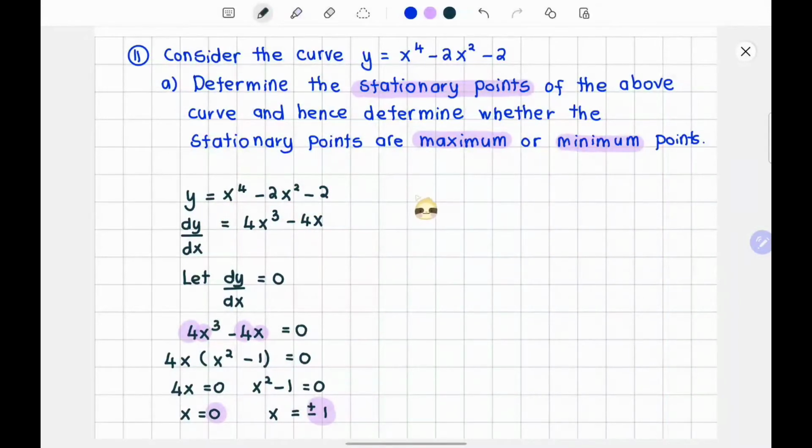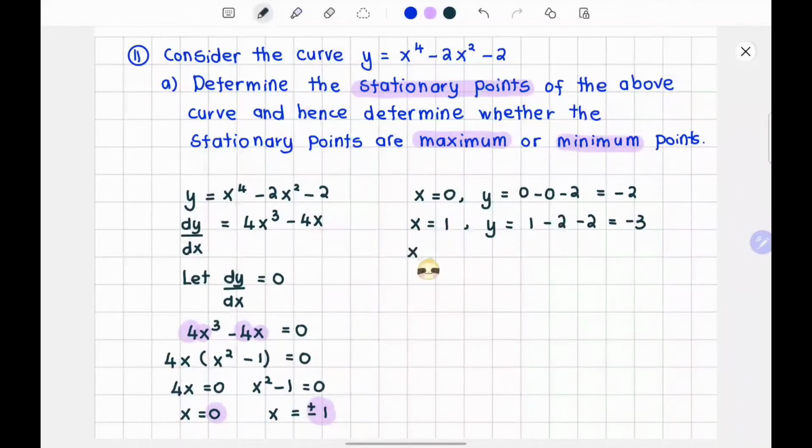So when x equals to 0, kita sub masuk, y akan dapat 0 minus 0 minus 2. So we get negative 2. When x equals to 1, kita substitute masuk, we get 1 minus 2 minus 2. So we get answer negative 3.